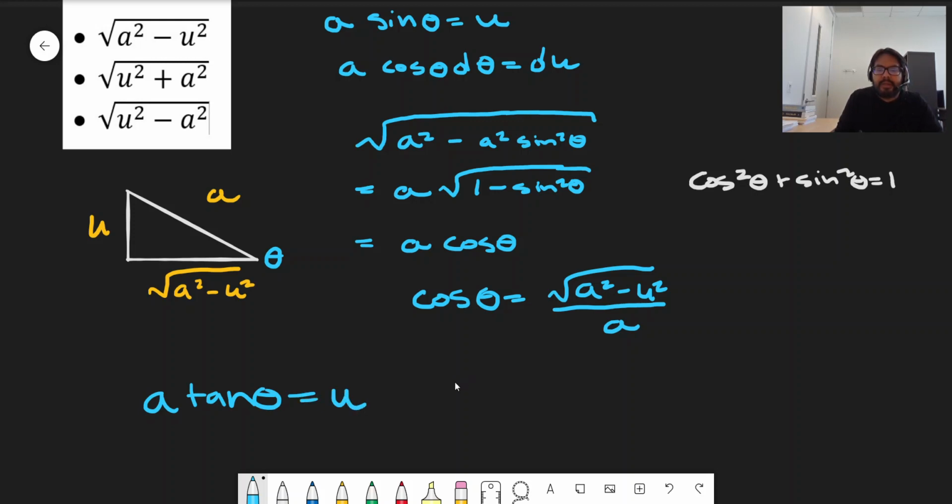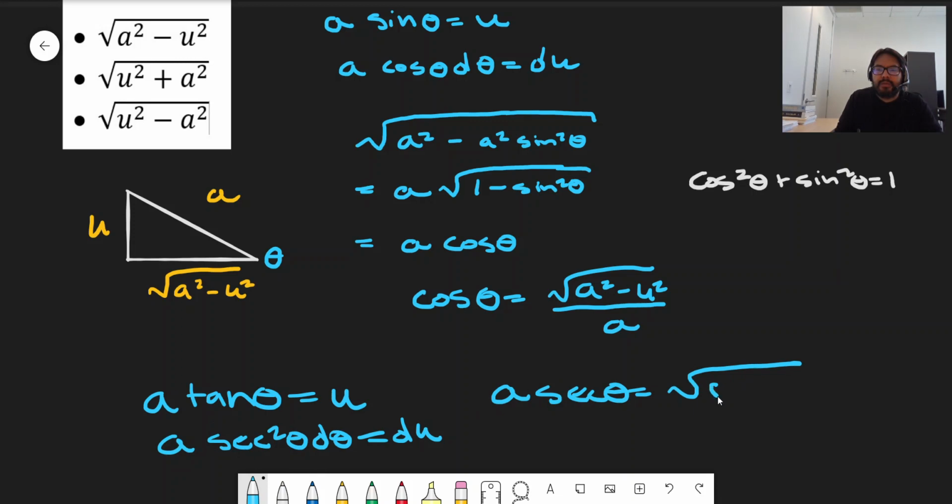In that case, it's a lot easier because if you differentiate this, you're going to get a secant squared theta d theta is equal to du. But similarly, if you use a right triangle, you're going to find that a secant of theta is equal to the square root of u squared plus a squared. Now in this case, we use u's just to account for the chain rule, for example.